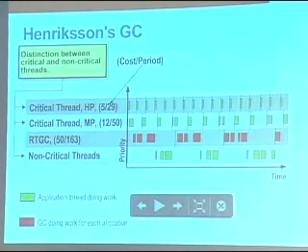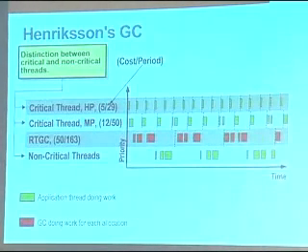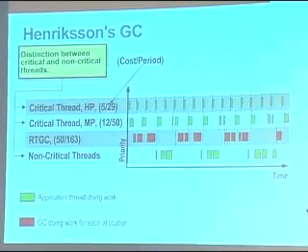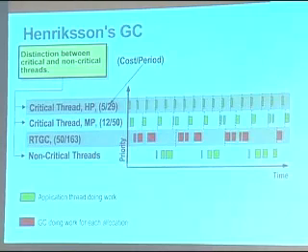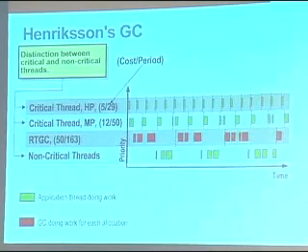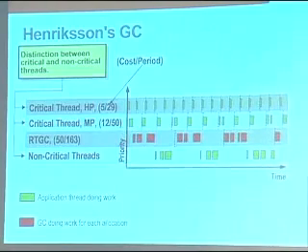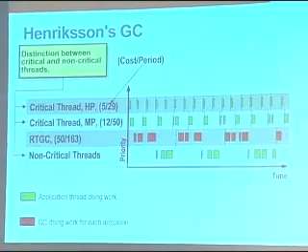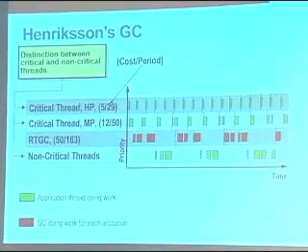We have 3 threads: 2 time-critical threads, and the RTGC. The 3 periodic threads form a periodic system of 3 tasks, which is feasible. Those are the cost and periods in some time units: 5 out of 29, 12 out of 50, and 50 out of 163 for the GC. And there's the execution pattern for a few of the periods.